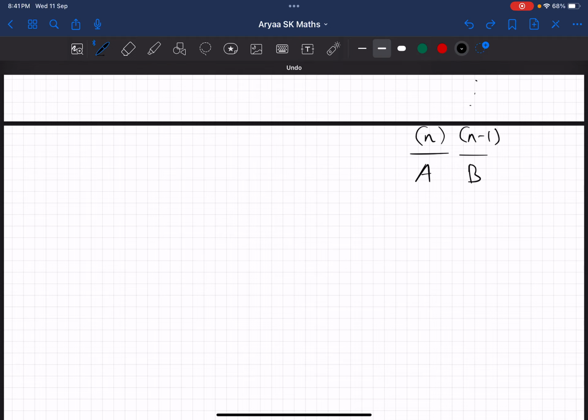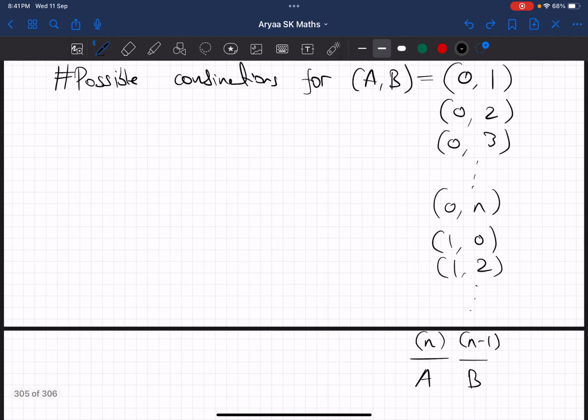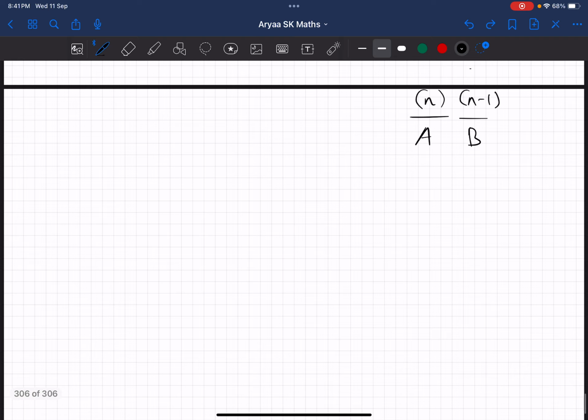So I suppose what we're actually counting is just all of the numbers from 1 to, it'll be n, wouldn't it?